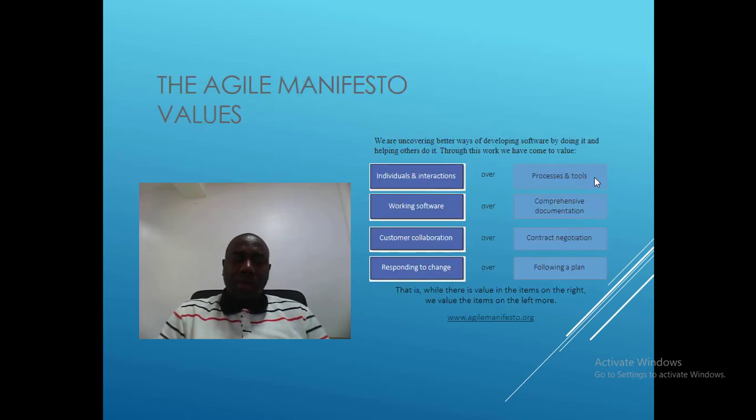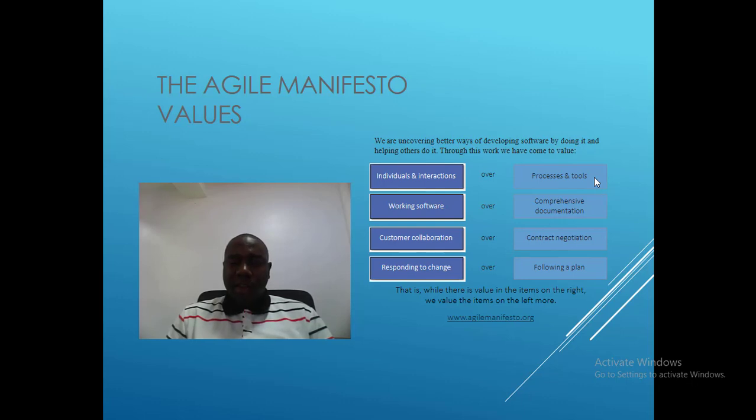So what is it all about? What are the Agile Manifesto values? We are uncovering better ways of developing software by doing it and helping others do it. Through this work, we have come to value individuals and interactions over processes and tools; working software over comprehensive documentation; customer collaboration over contract negotiation; responding to change over following a plan.